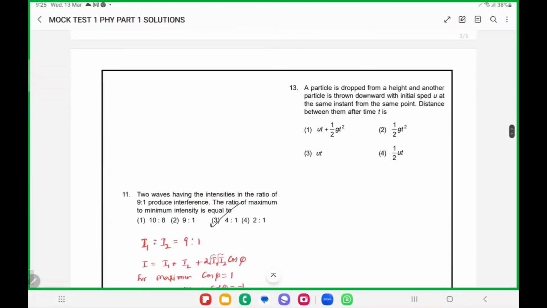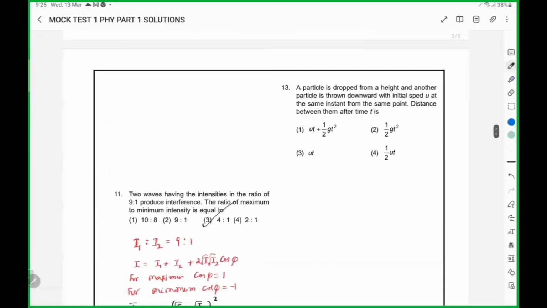Here a particle is dropped from a height and another particle is thrown downwards with the initial speed u.